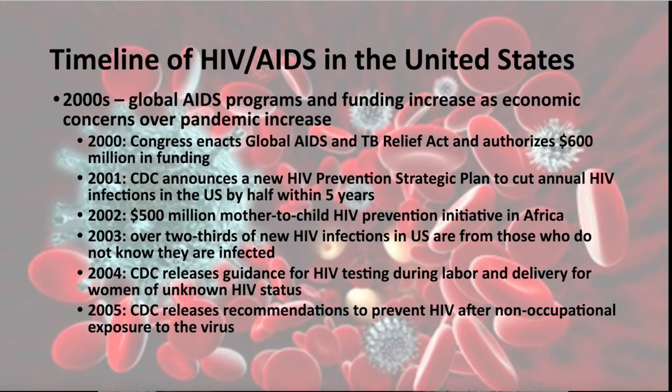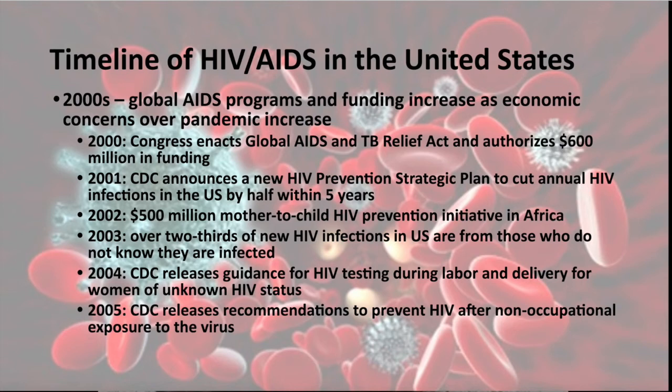In 2003, over 2/3 of new HIV infections in the United States are from those who do not know that they are infected. So that's when most of the spread happens, is people don't know they have it. 2004, the CDC gives guidance for HIV testing during labor and delivery for women who aren't sure if they are HIV positive or not.